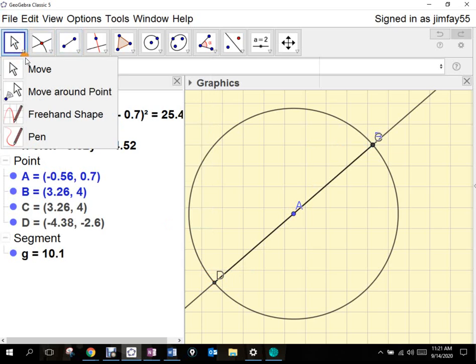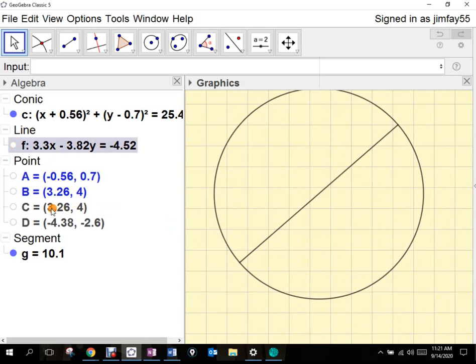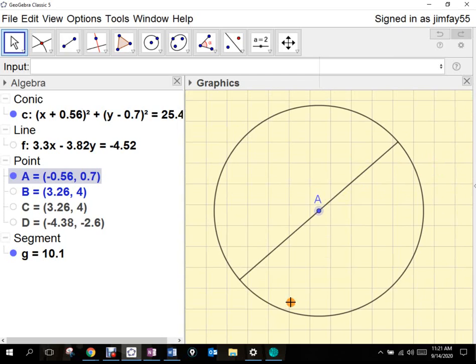Let me hide some stuff. Would you agree that that's a circle and A is the center of the circle, so that line passing through is the diameter, right?